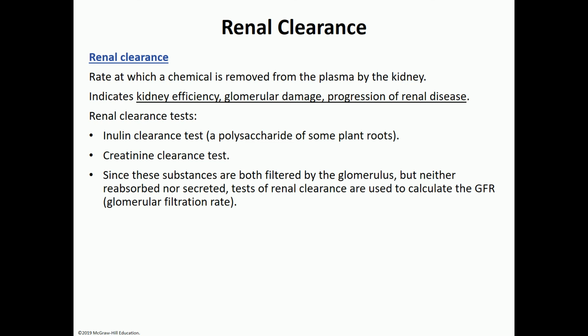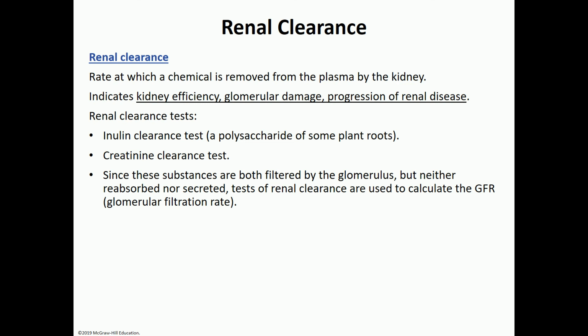Renal clearance is the rate by which a chemical is completely removed from plasma by the kidney. Meaning that, for example, if somebody is injected with a substance, how long is it going to take the kidney to eliminate, to get rid of all of that substance through urine?